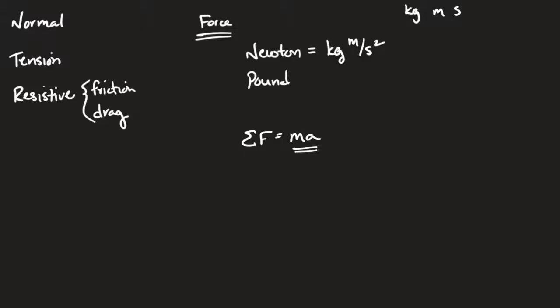For example, a sprinter goes from rest to 12 meters per second in a displacement of 10 meters. If their mass is 60 kilograms, what's the net force acting upon them?